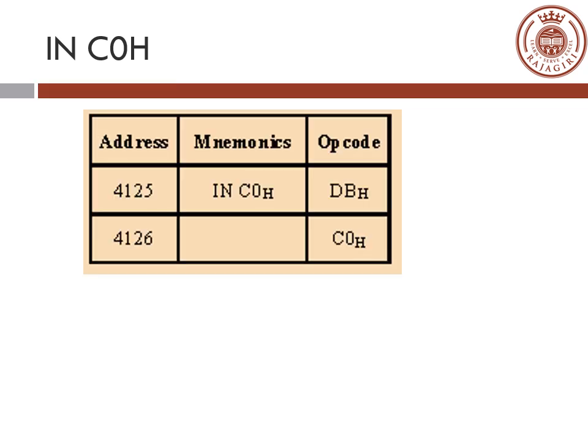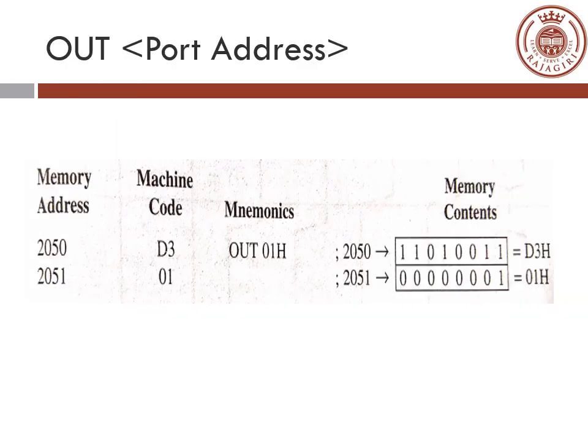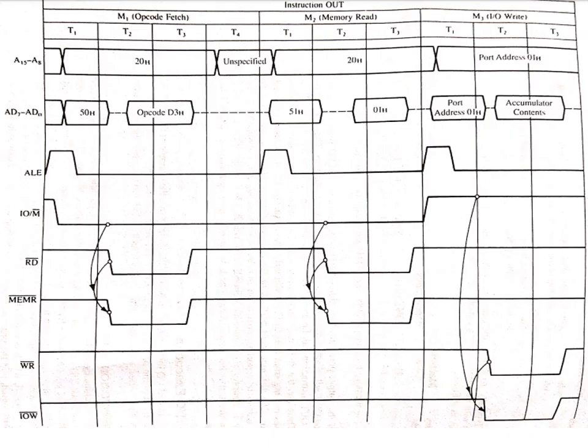These are the corresponding opcode values for the IN instruction, and for the OUT instruction the definition is written, along with the timing diagram. So we have seen the timing diagrams for different machine cycles and instruction cycles. In the coming parts we will be seeing the different addressing modes as well as the different instruction sets of 8085. Thank you.